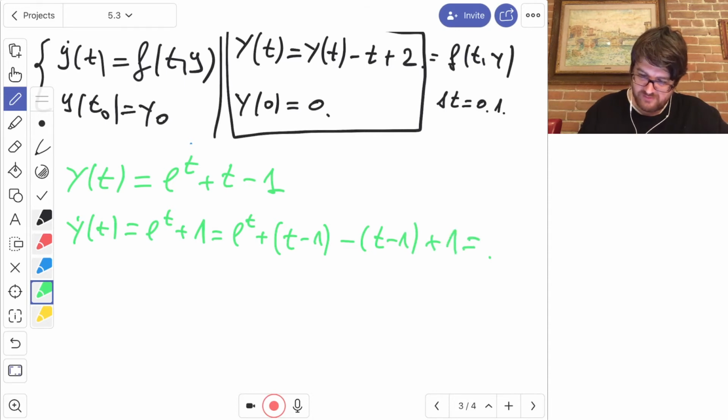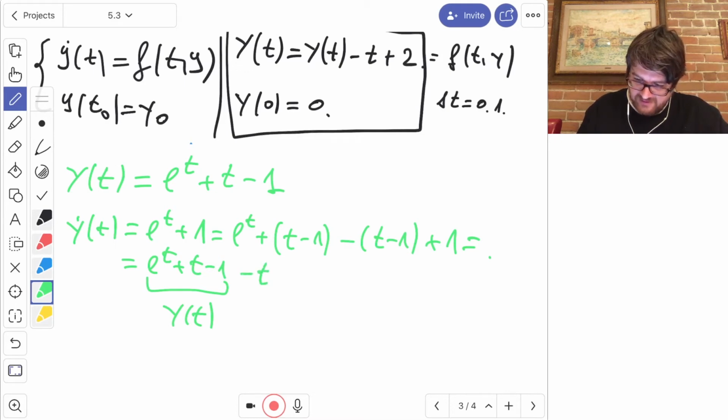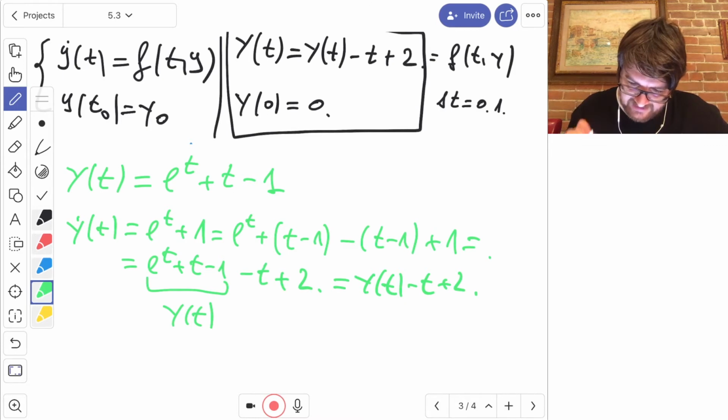Now this is going to be equal to e to the t plus t minus 1, and this is actually y of t, right? And then I have minus t plus 2. So this is going to be y of t minus t plus 2. It's exactly the equation there.